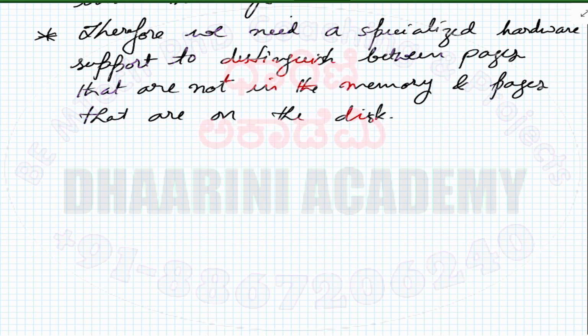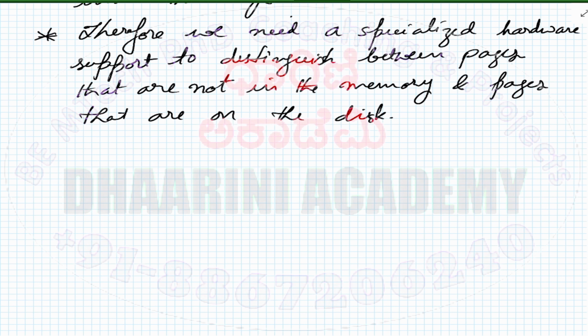So the valid and invalid bit scheme will be used for this. Just remember this name. Something you will call valid, something you call invalid. So valid and invalid are the concepts used. You use some bits, like you can put a 0 over there to make it invalid, or put a 1 over there to make it valid.